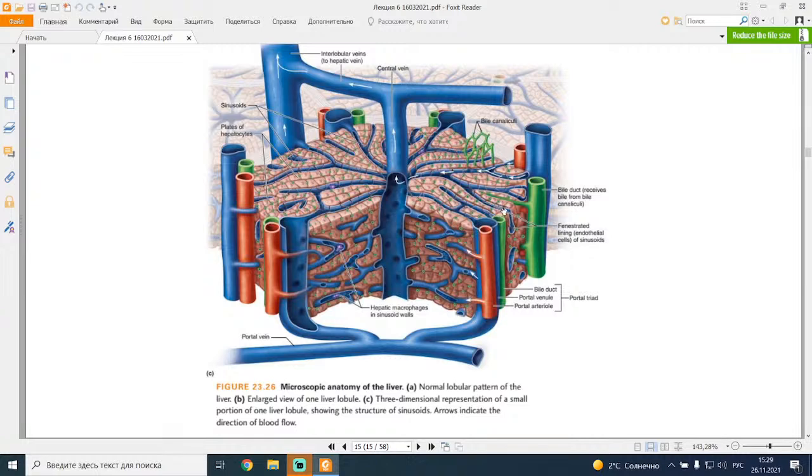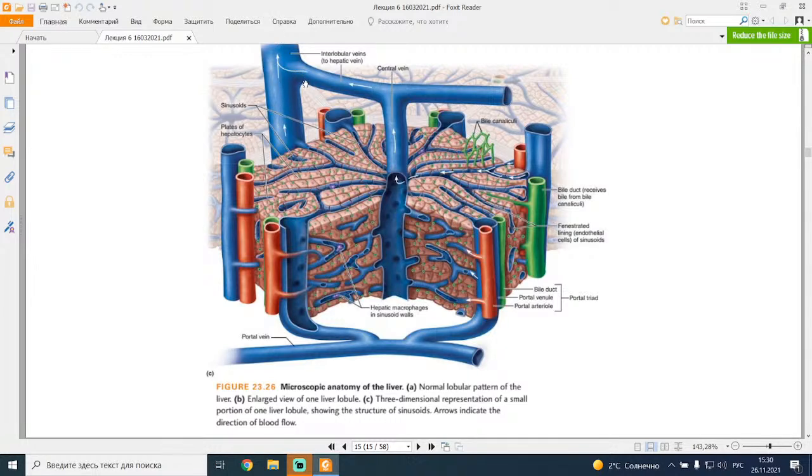This arrow indicates the direction of blood flow. This blood flows to the central vein, next to the hepatic vein. What is the hepatic vein?